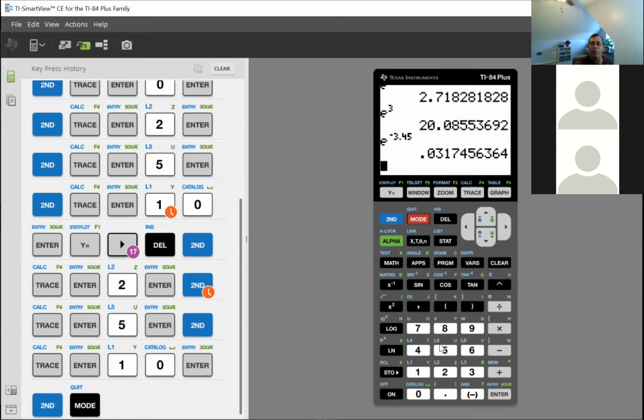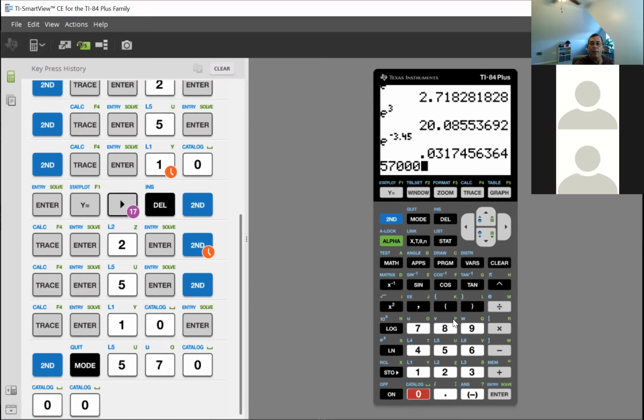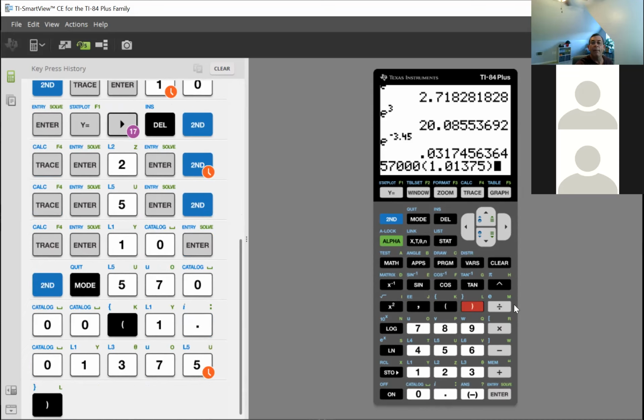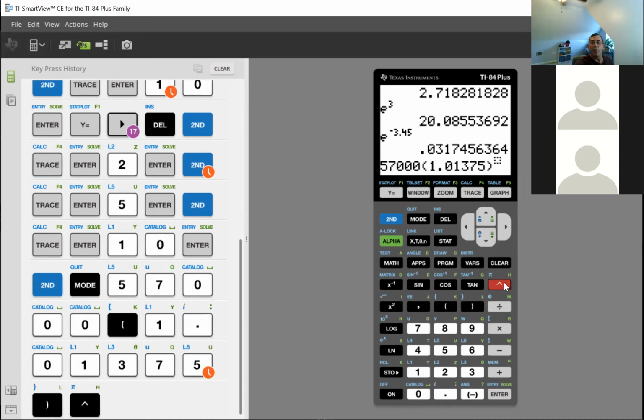So right here, you could have done 57,000, parentheses, 1.01375, close parentheses. And then for your exponent, it would be 4 times, so I'll do 10.